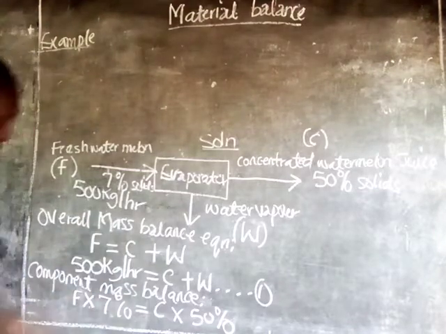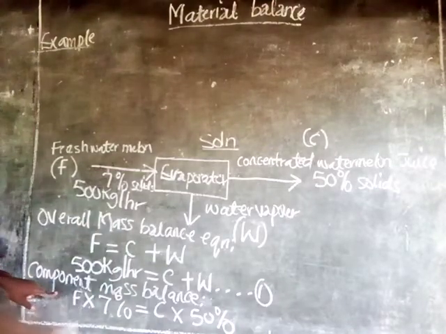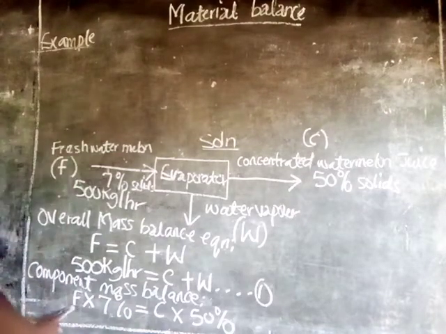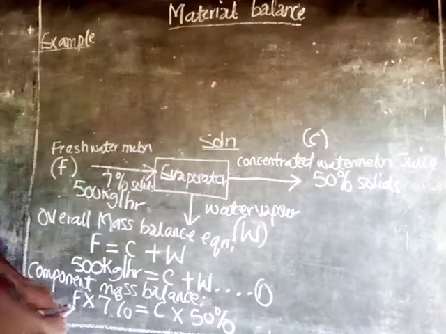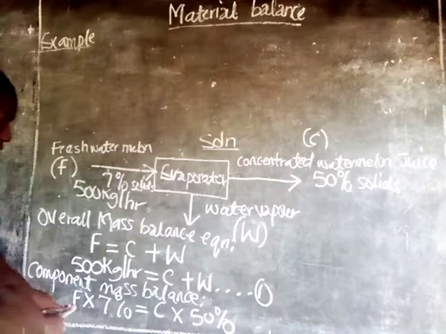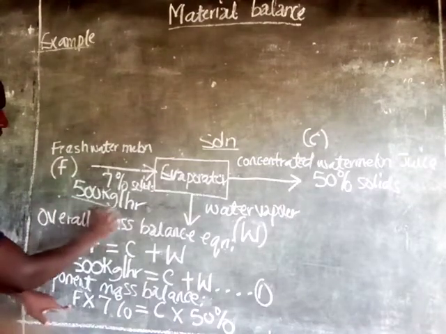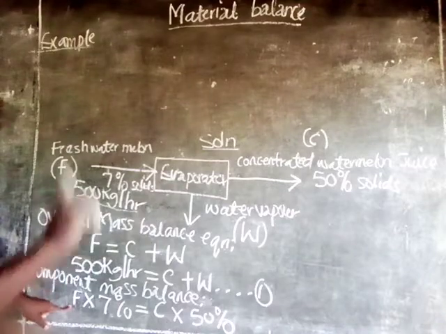So continuing from the component mass balance equation, now what we now have is F. Now the mass balance for the fresh watermelon is entering at the rate of 500 kg per hour.